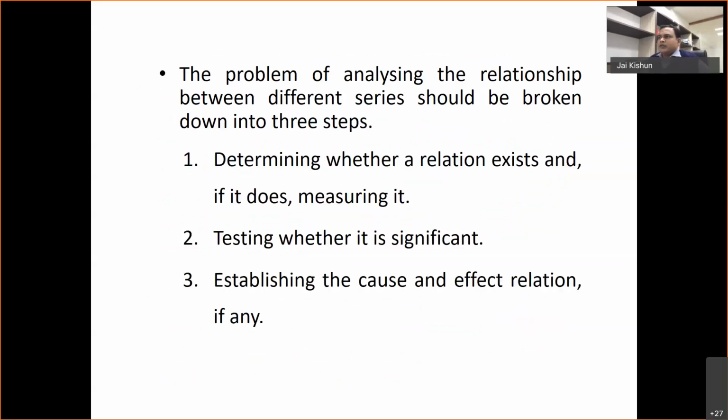Now, when we are going to see the relationship between the variables, we divide analyzing the relationship into three steps. The first step is to determine whether a relationship between the variables exists, and if there is a relationship, then measure it.